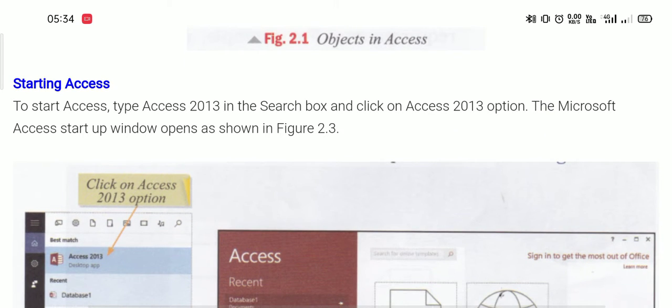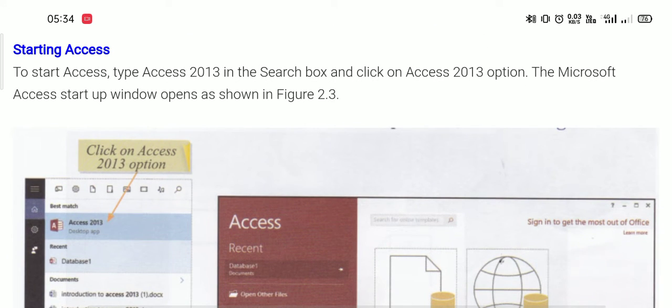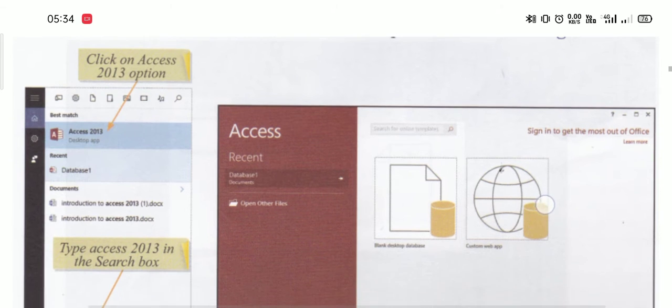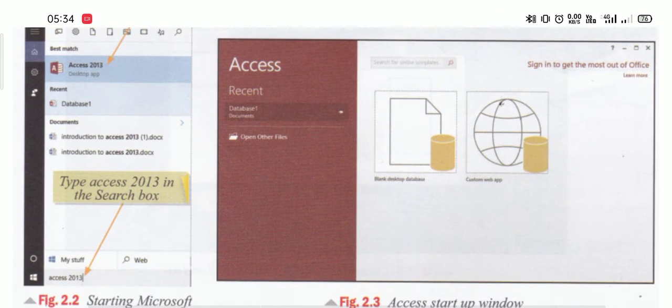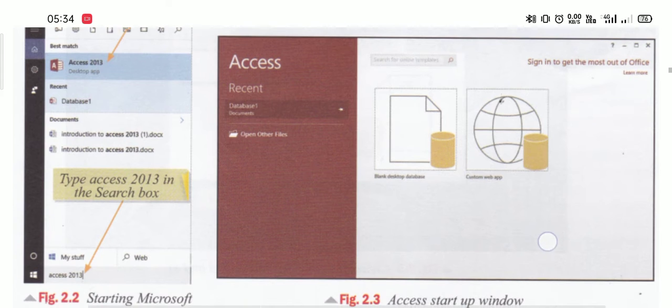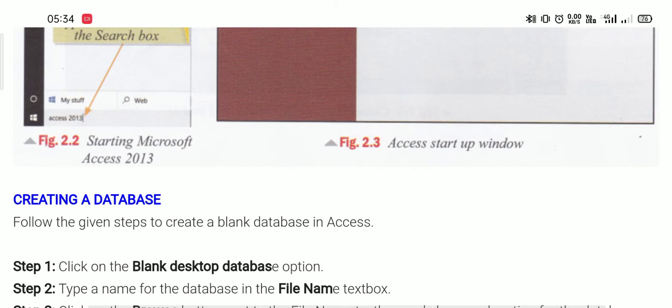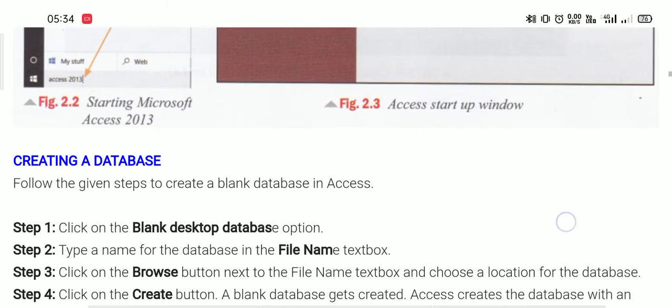These all objects are very informative and very important for creating a database. Now let's start Microsoft Access 2013. To start Microsoft Access 2013, we have to type Access in the search box of the start menu, and after that click on the Access 2013 option. When you click on it, a window of the Access application opens up on the screen, and after that click on the blank database option to create a blank Access database.